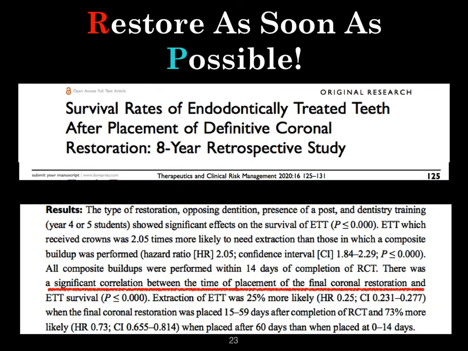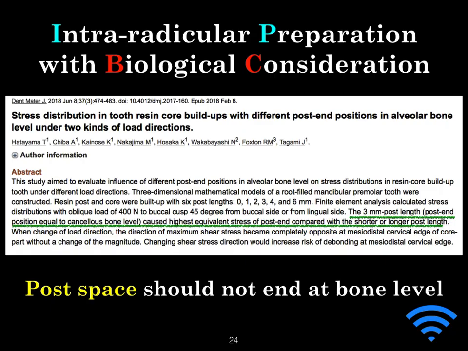Now, the timing after you create the intraradicular space to receive the new prosthetic treatment is to make it as soon as possible, because the objective of all of this is to give the patient a functional unit that will last as long as possible.